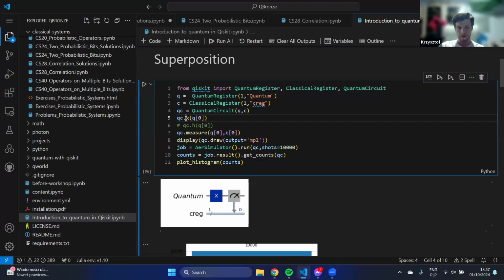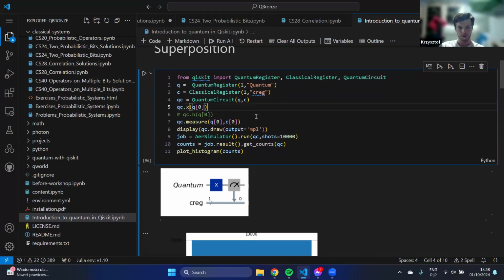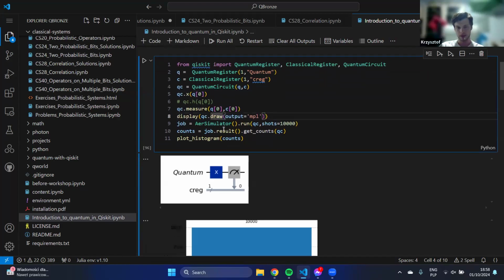So right now I have an X gate, and then I apply measurement. I say that I want to measure qubit 0, and then project the measurement to bit 0 of the classical register.